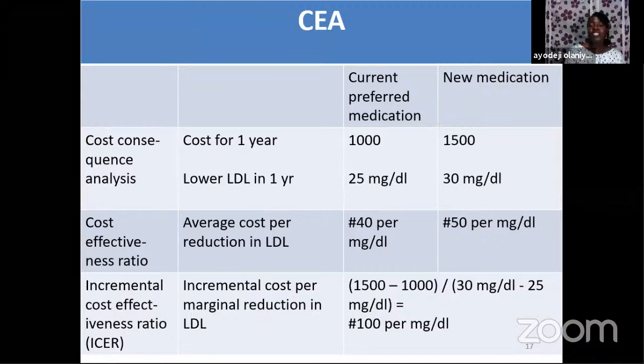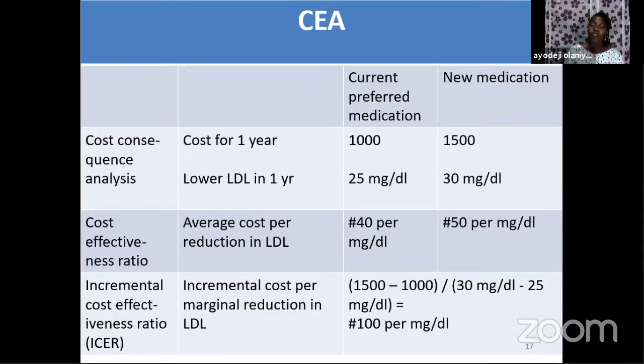But now when you are considering a drug you want to compare, because most of the time we compare, we don't just want to identify the cost per the value that each marginal cost will give, but we want to compare the effectiveness of the new medication to the current preferred one. So to do that, the incremental cost effectiveness ratio should be done, and that's determined by calculating the difference in costs and dividing it by the difference in the outcome.